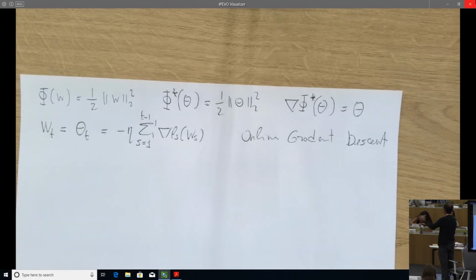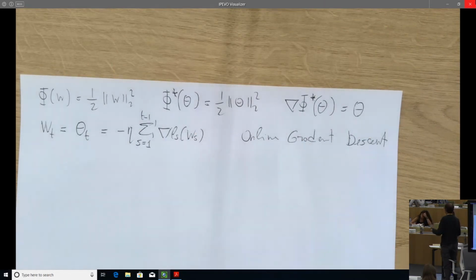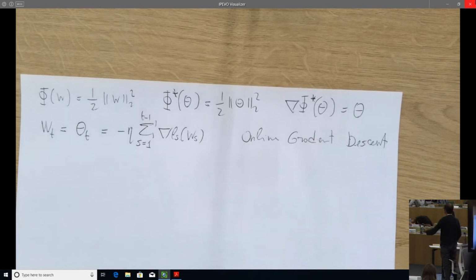I draw an example, I build the convex loss associated with that example, I give it to my algorithm, and if I'm using this regularizer, I do gradient descent, just because everything trivializes. So there's no distortion. The map of the gradients just maps the gradients to themselves.